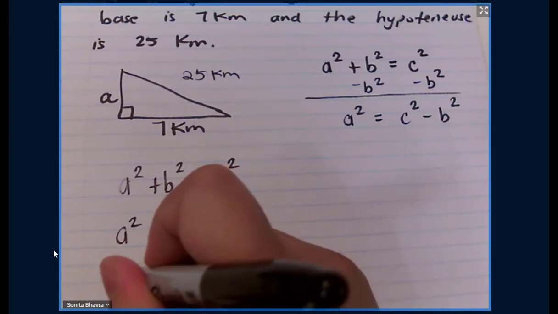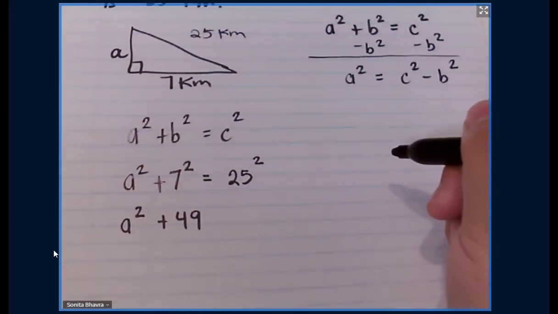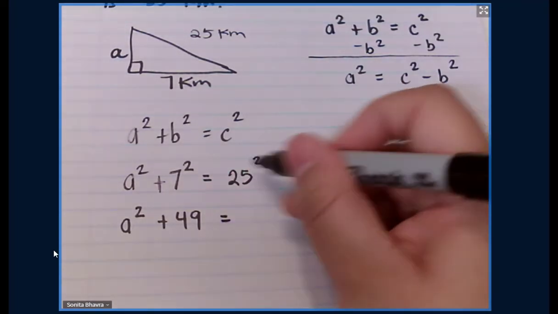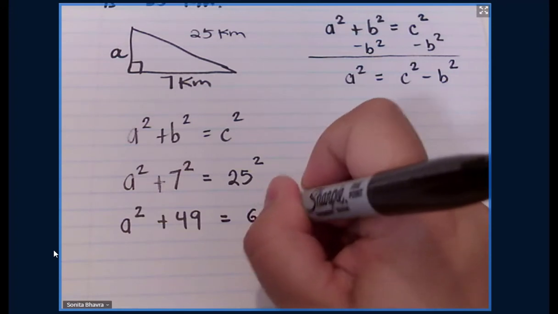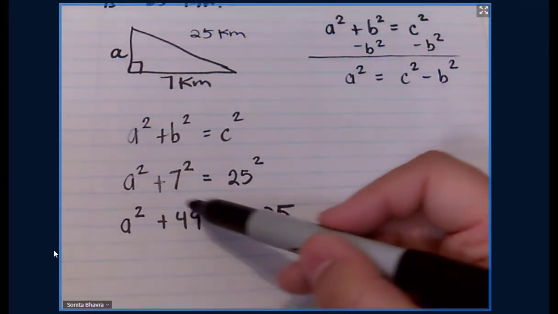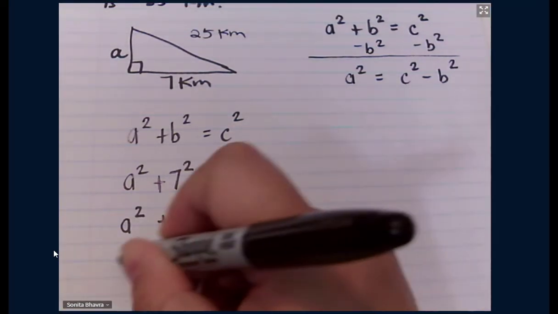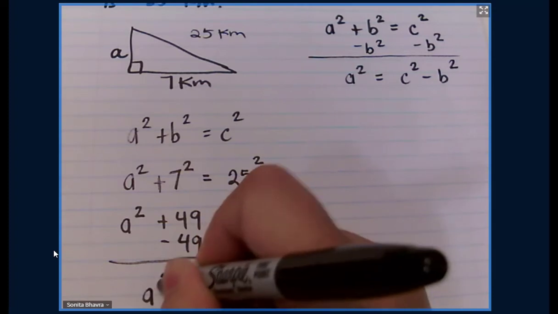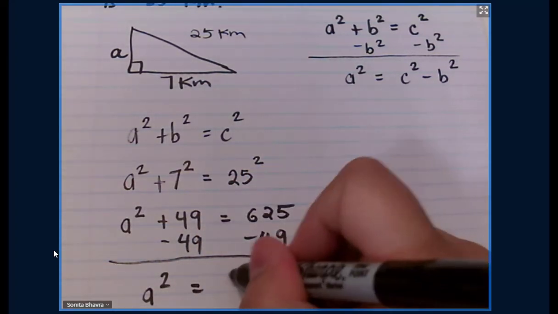That gives us a squared plus 49. 7 squared is 49, and 25 times 25 is 625. Then we can subtract the 49 on both sides. That leaves me with a squared is equal to 576.